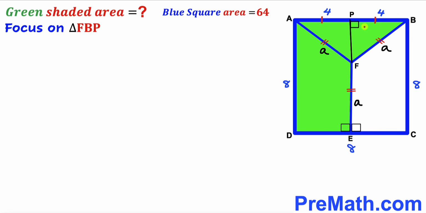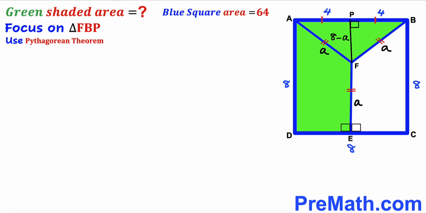Now we are going to focus on this right triangle FBP. We know this whole length is 8 units, and this segment length is lowercase a. So this FP segment length has got to be 8 minus a.